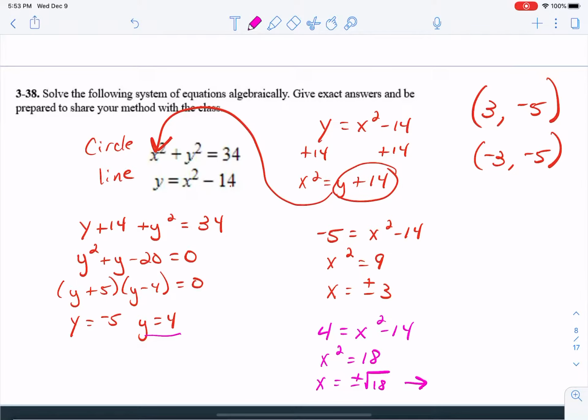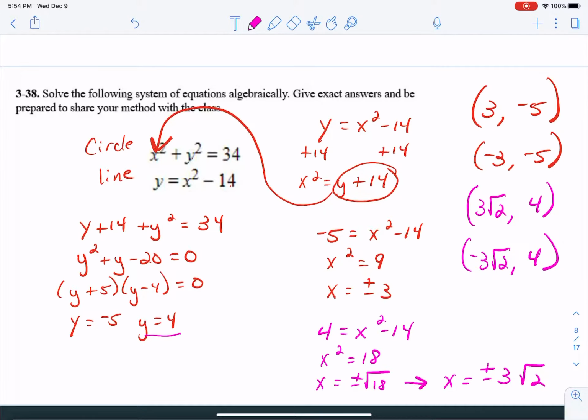Simplifying that radical, I have x is equal to plus or minus 3 times the square root of 2. So writing out my ordered pairs, if x is a positive 3 times the square root of 2, y is 4, and x is -3 square root of 2 when y is 4.